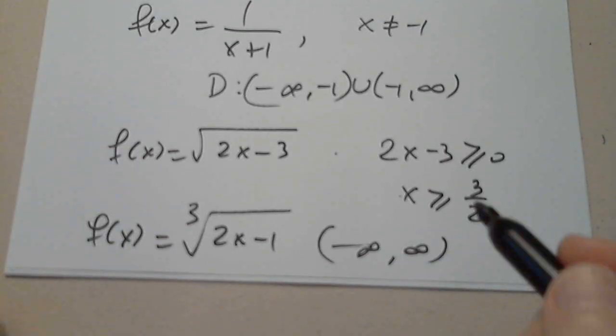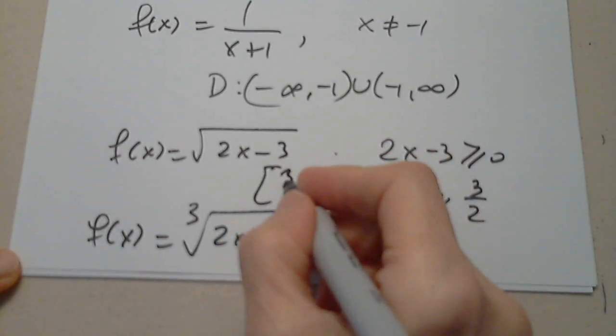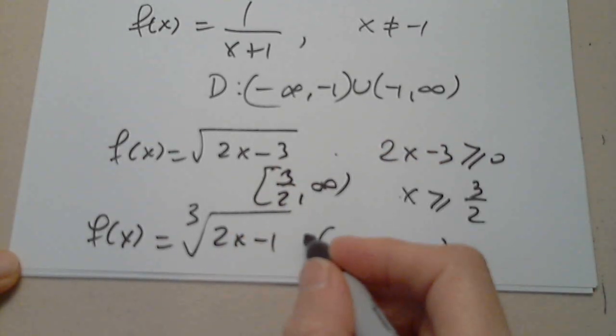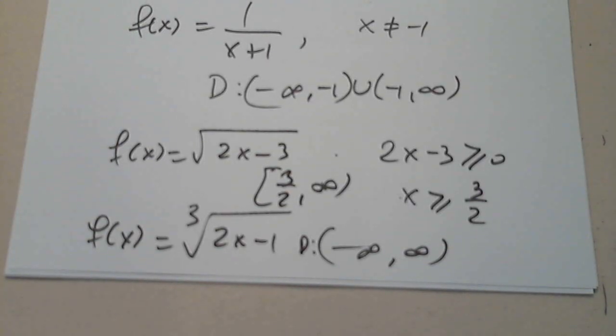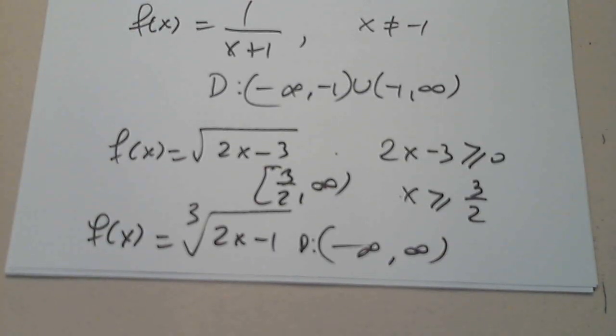So here I will write the domain as 3/2 comma infinity. Here I have the domain. I don't have to write anything. There are no restrictions. So when I enter, by the way, the cube root is what power? Third. Power 3 is a rational number. It cannot be a radical.